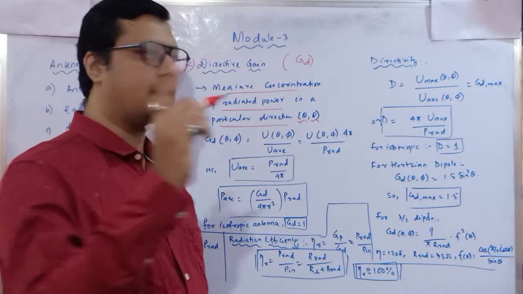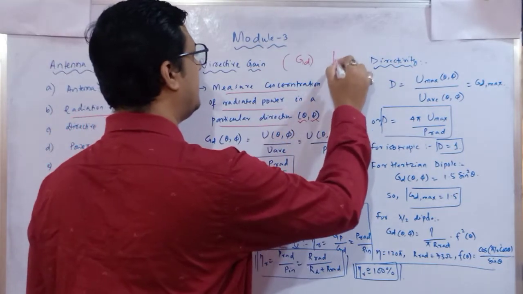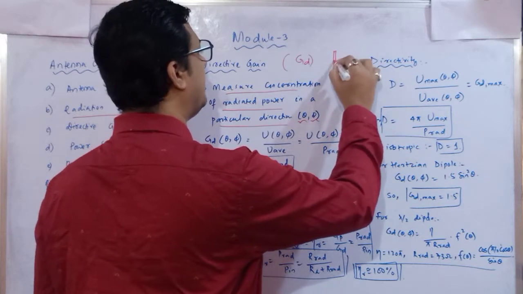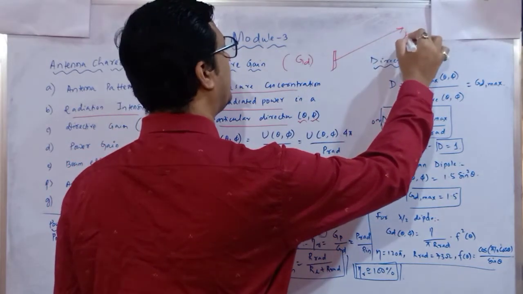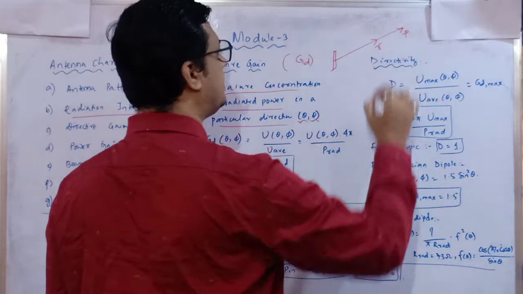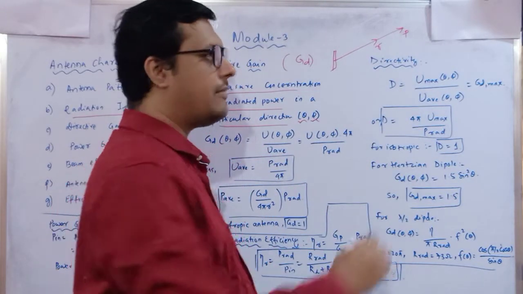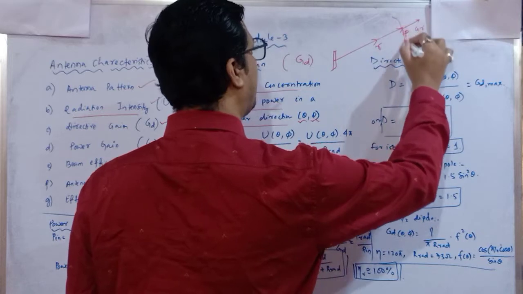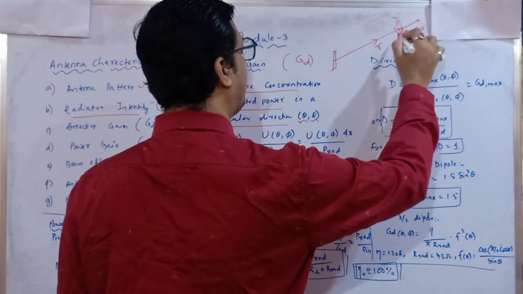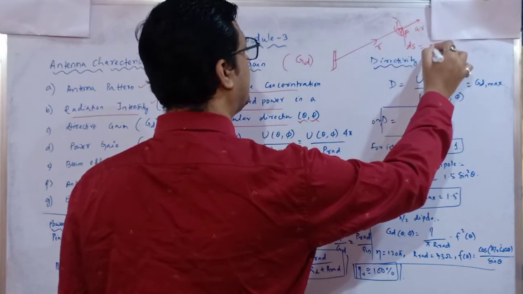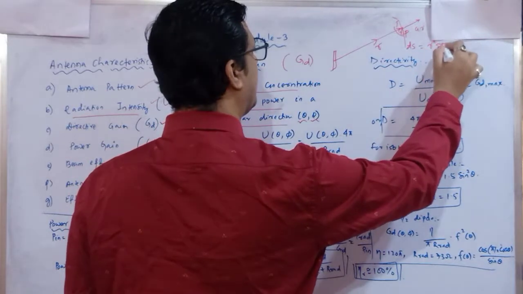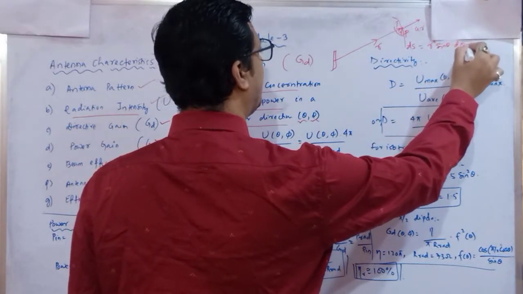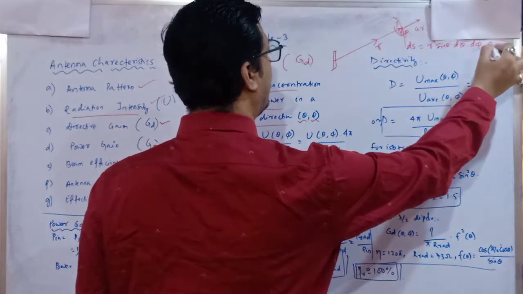So let us consider this is a small antenna radiating element and we are measuring at a certain point P. This is the distance, and my direction to this particular point is a_r. If I consider an imaginary surface, my surface ds will be r square sin theta d theta d phi dot a_r.